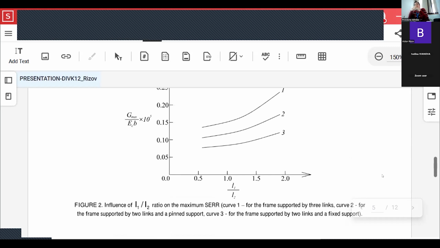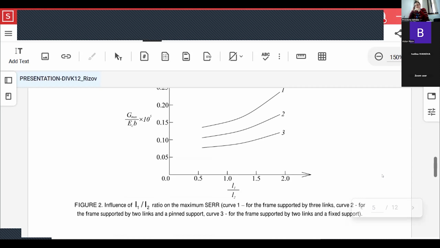The combined influence of L1 to L2 ratio and the supporting conditions on the maximum strain energy release rate are shown in figure number 2. It can be seen in this figure that as the L1 to L2 ratio rises, the maximum strain energy release rate also rises because the frame rigidity is reducing.